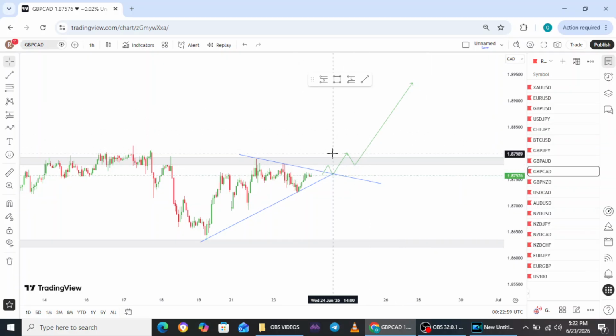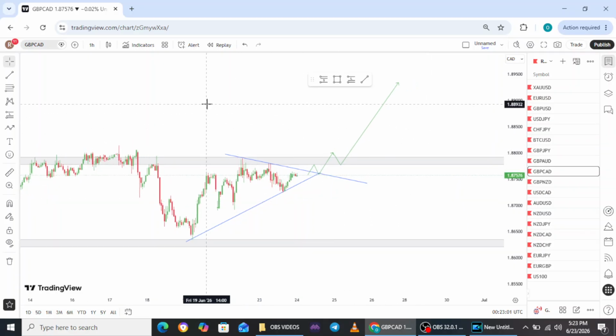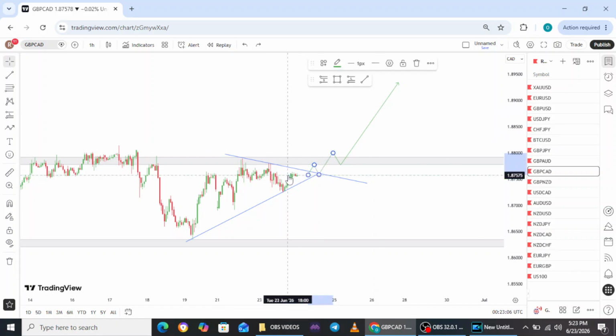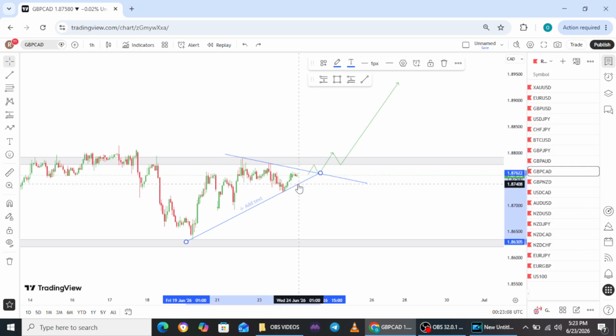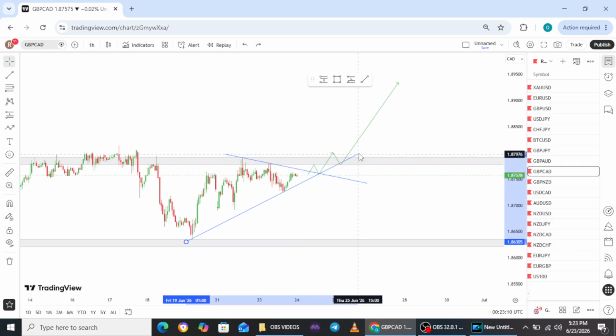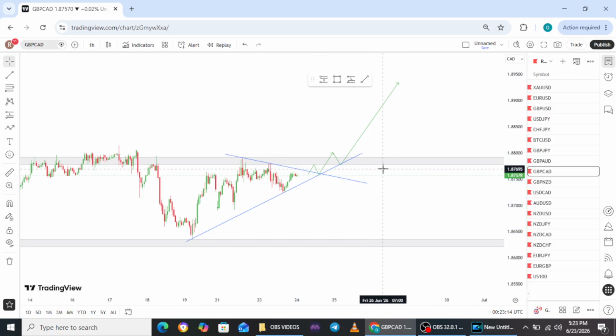This is one possibility. Now, another thing that can happen is this. The market can decide to break from this trend, retest, and come to the downside.